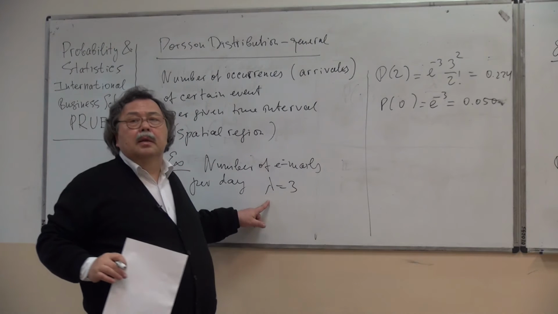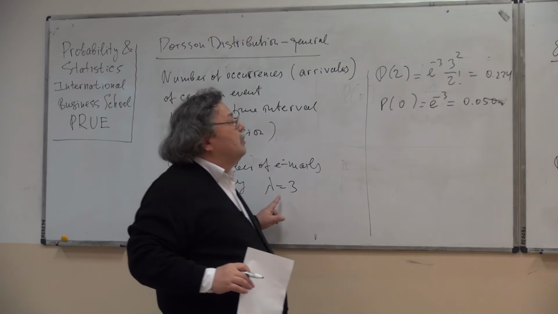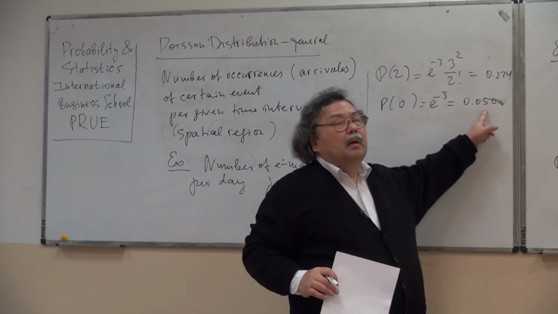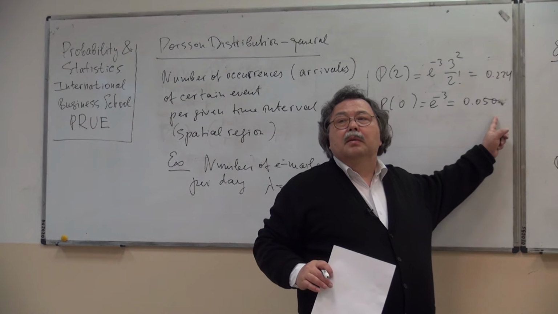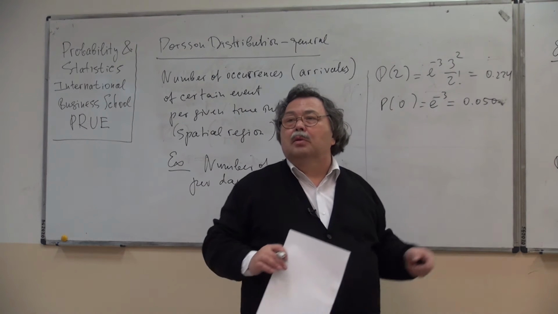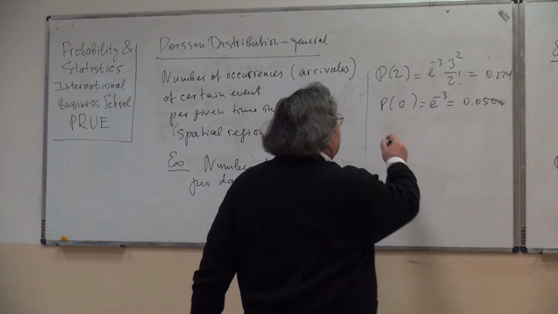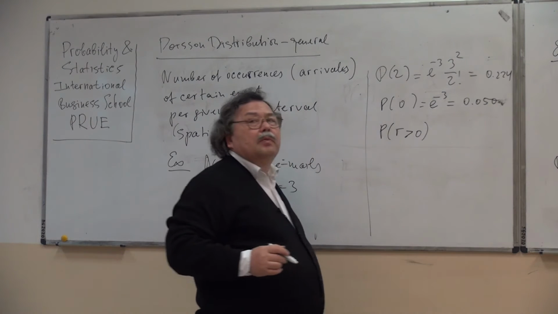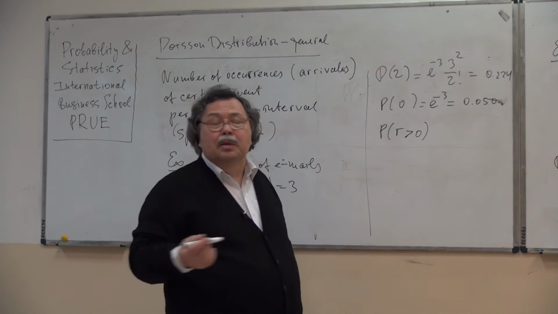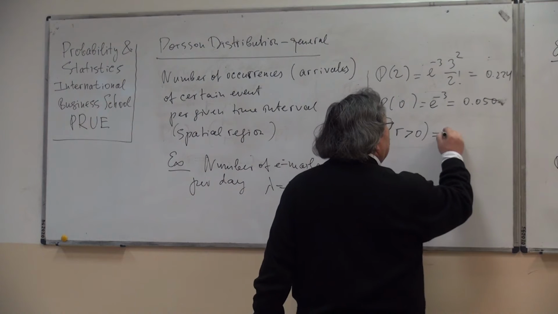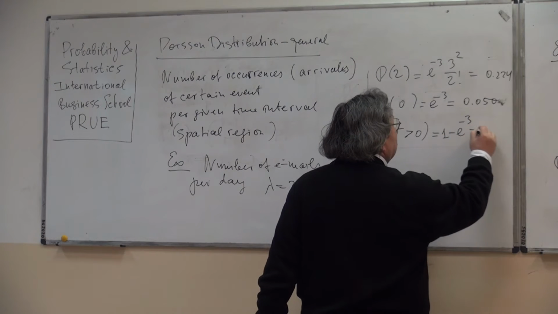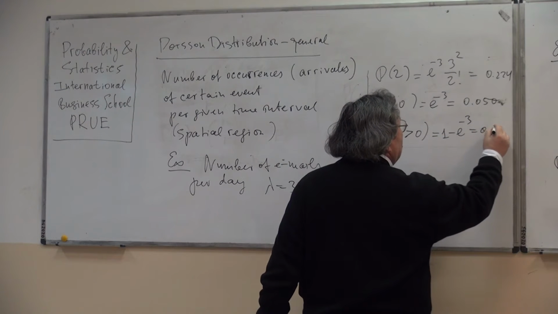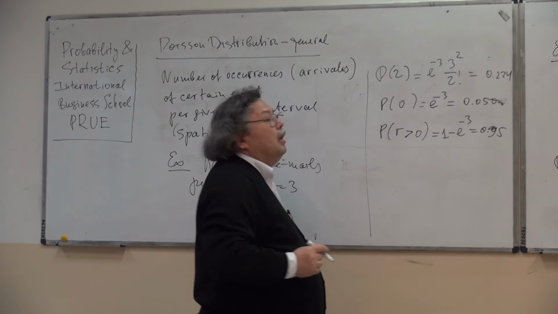So with this arrival rate, 3 messages per day on the average, 5% of the time I'll be getting no messages at all. It's interesting. And accordingly, the probability of getting at least 1 message on a given day is 1 minus this, which is 0.95.